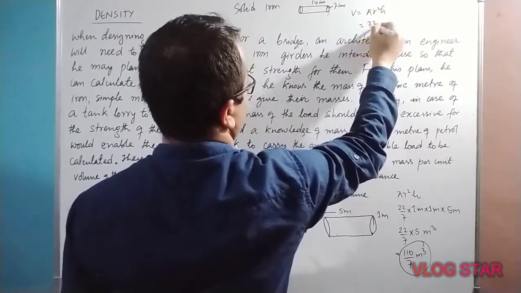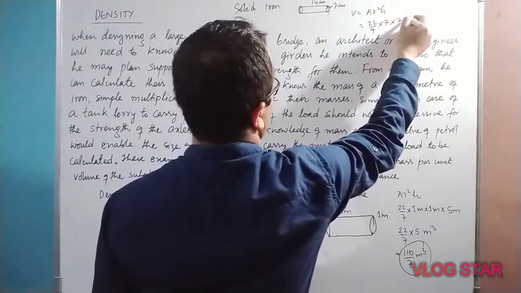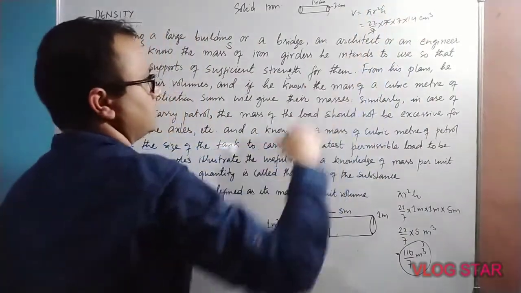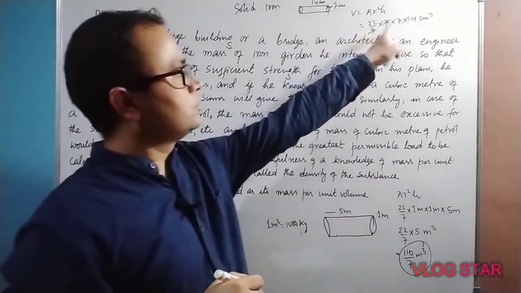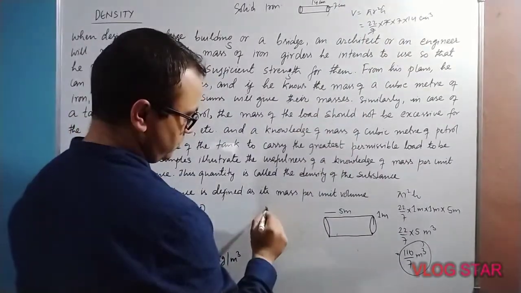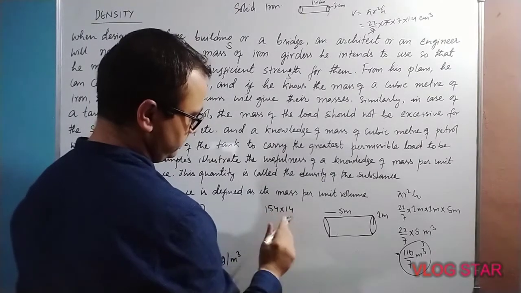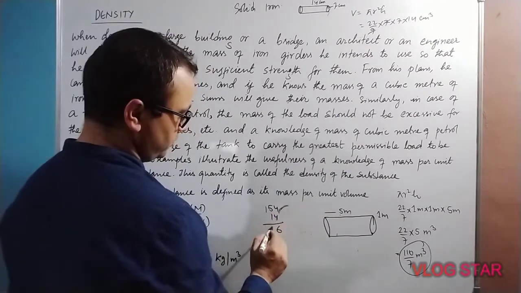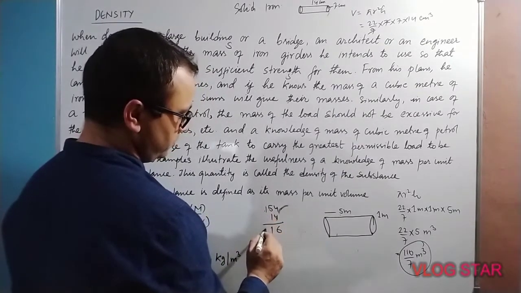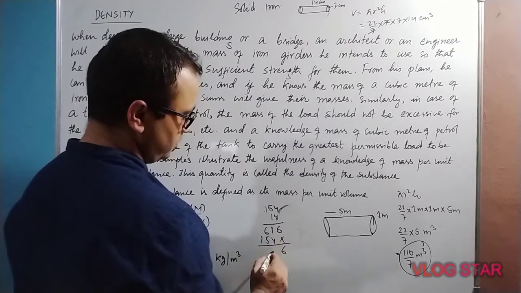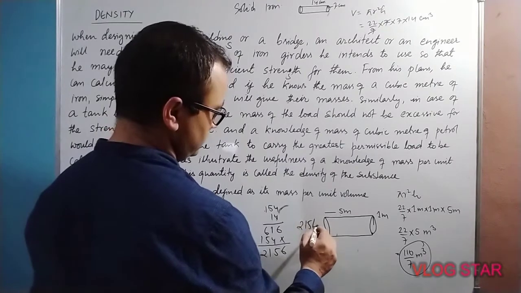Pi is 22/7, radius is 7 into 7 into 14 centimeter cube. 7 cancels, so 22 into 7 is 154, 154 into 14. So this is 2156 centimeter cube.